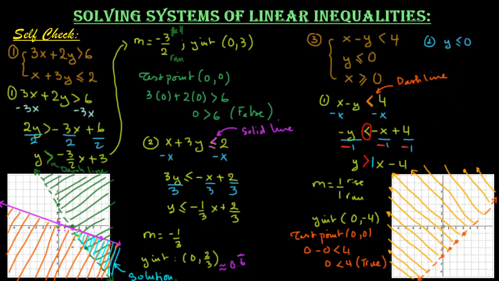So we draw the line through that point, and this will be a solid line because we have equal to.